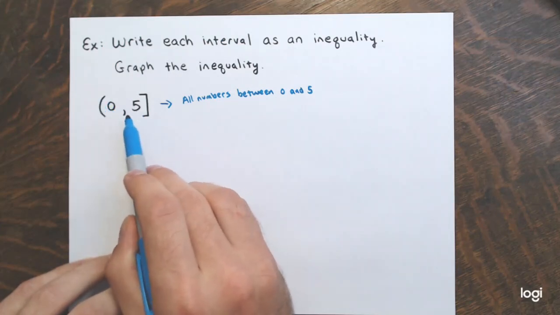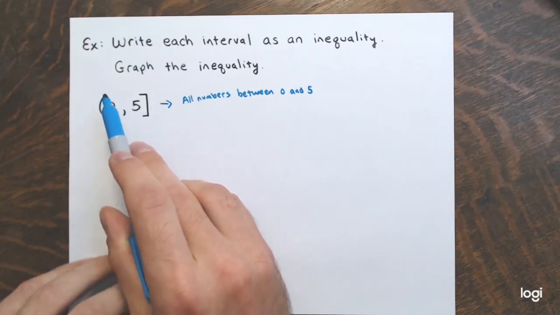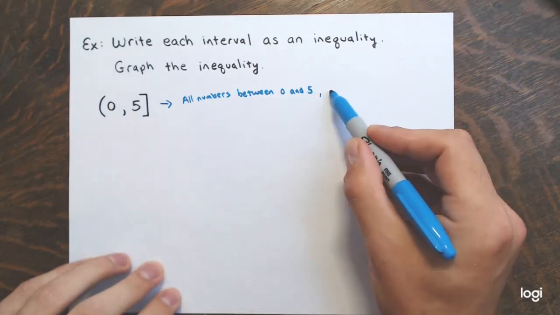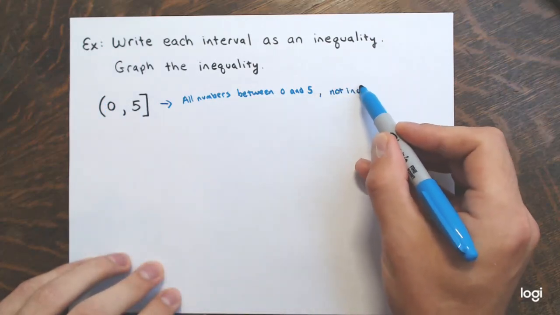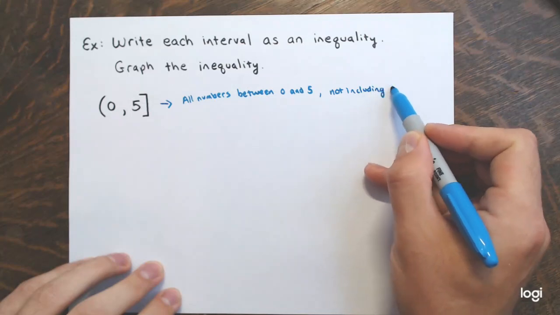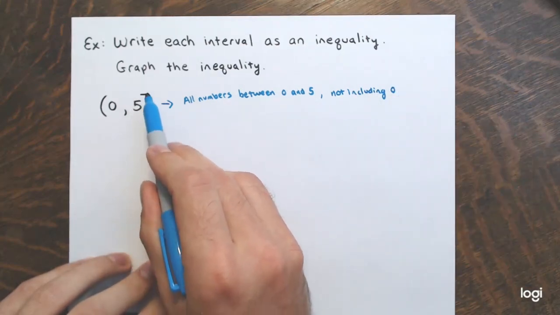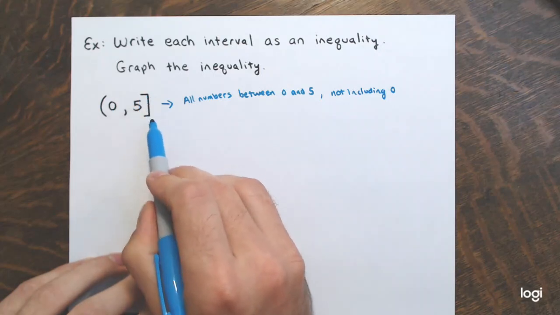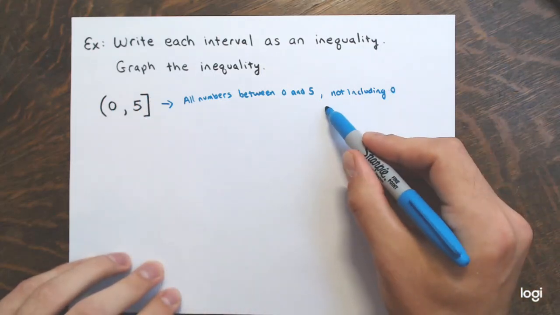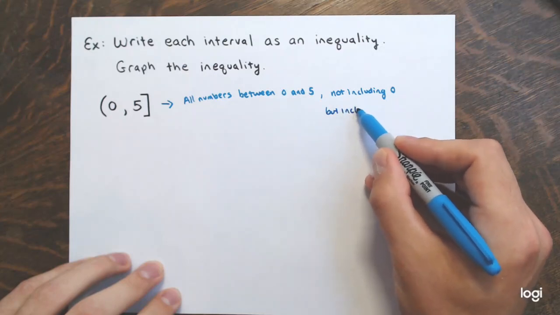So everything between 0 and 5, but not including 0, because you got a parenthesis, right? Not including 0 and including 5. 5 is a solution. 0 is not, parenthesis, 5 is a solution. You got the bracket. Not including 0, but including 5.